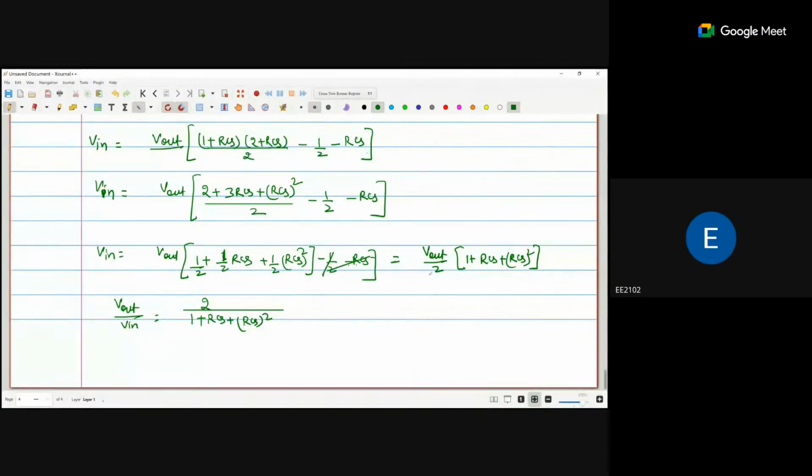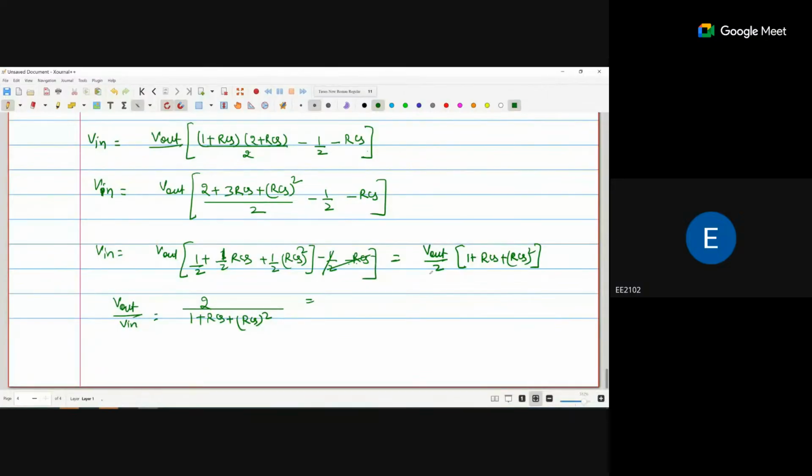So if I open it, it is 2 upon 1 plus S upon 1 by RC plus S square upon 1 by RC square. Now what is omega P?